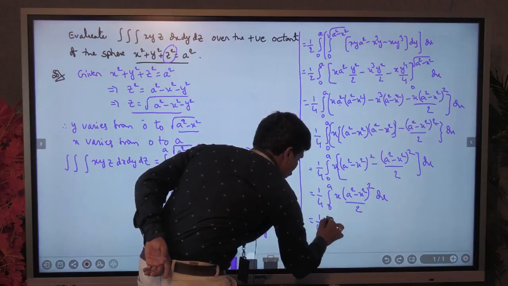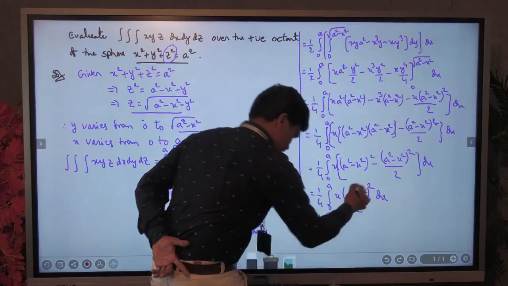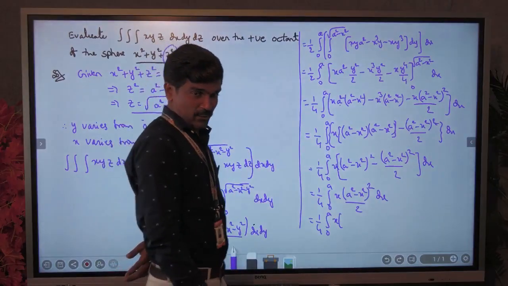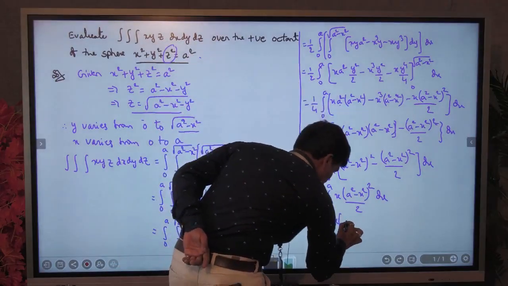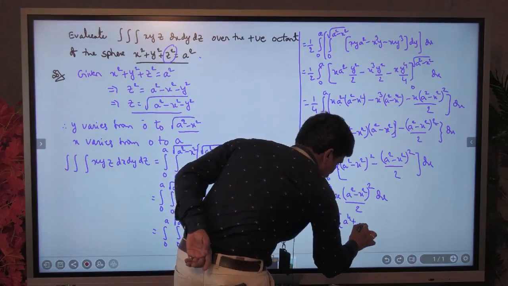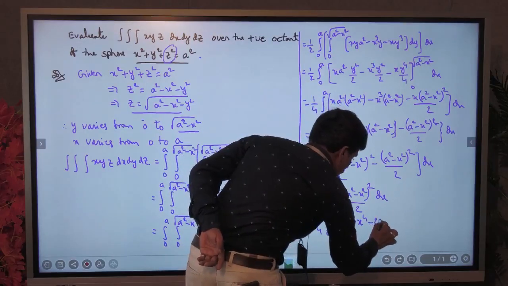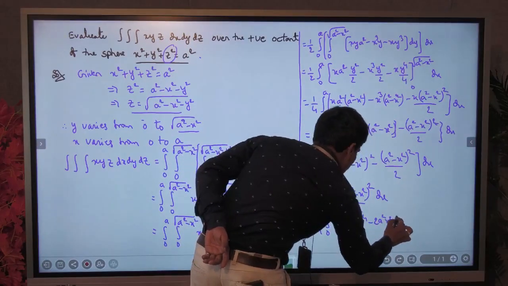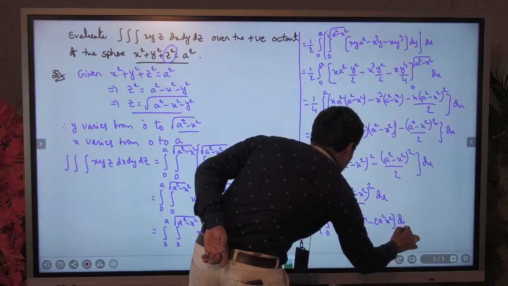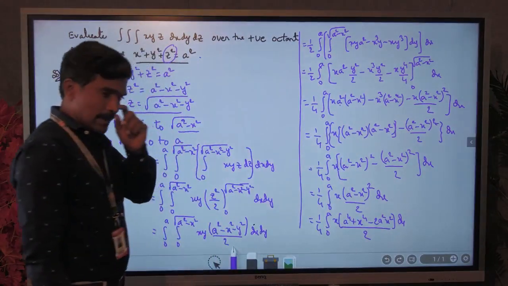So 1 by 4 integral 0 to a x into, what is the expansion of (a square minus x square) whole square? a square whole square, a power 4, plus x square whole square, x power 4, minus 2a square x square, into dx whole by 2. Right?